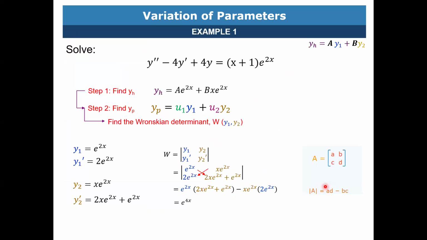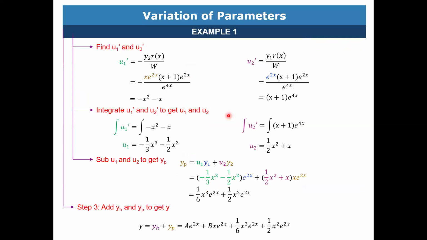Now, if you realize earlier, our equation of yp is u1 y1 plus u2 y2, not u1 prime, not u2 prime. So we have to integrate the u1 prime and u2 prime that we get here to get u1 and u2.